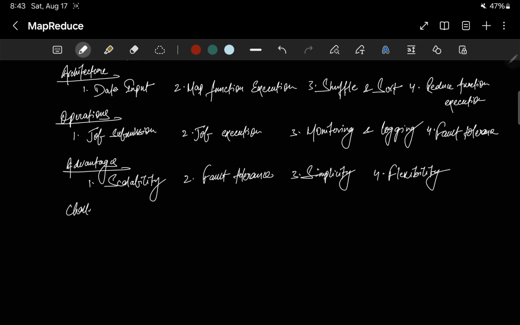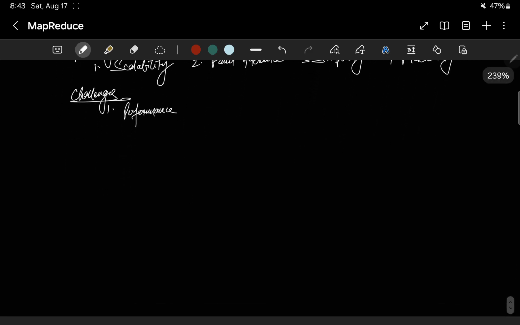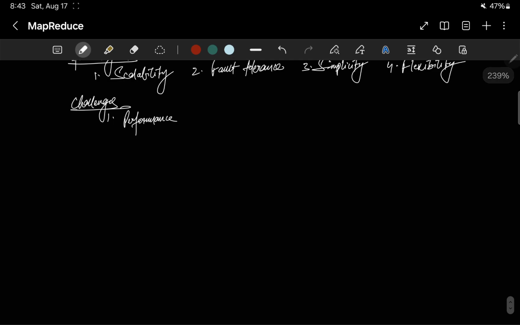Now, what are the challenges associated with this? First is performance. It can be less efficient for certain tasks due to the overhead of shuffling and sorting intermediate data. Next is complexity.